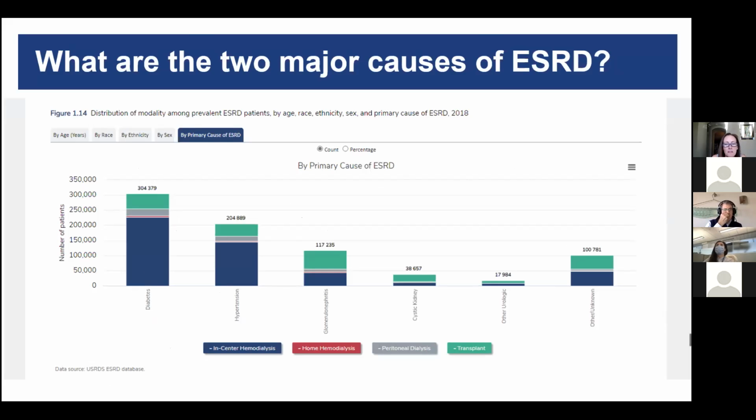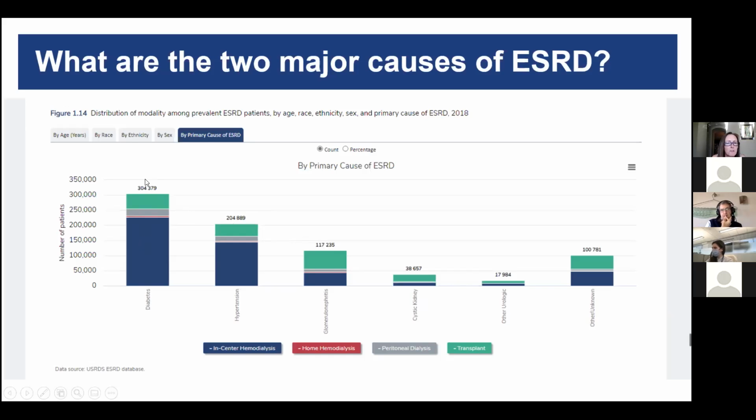The way this is listed is the number of patients who have that as their primary cause. The causes here are diabetes, hypertension, glomerulonephropathies, cystic disease like polycystic kidney disease, urologic, and other unknown.